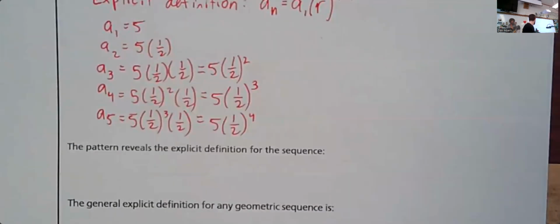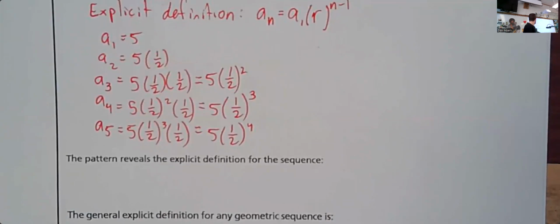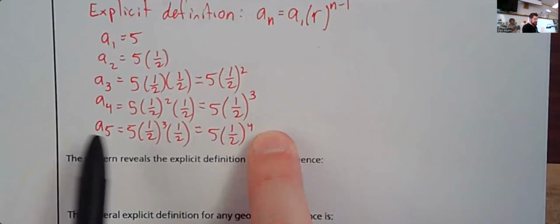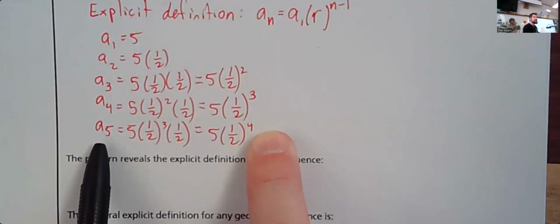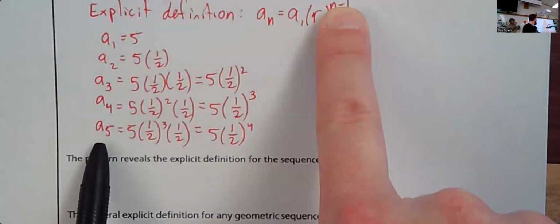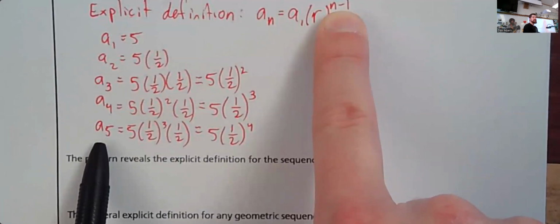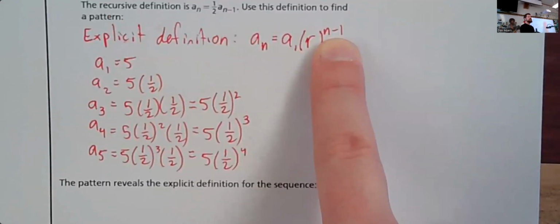Now, take a look. What is the relationship between the exponents and the term number? It's always what? It's 1 less. That's the n minus 1. Take a look. Hey guys, I want you to understand why this works.